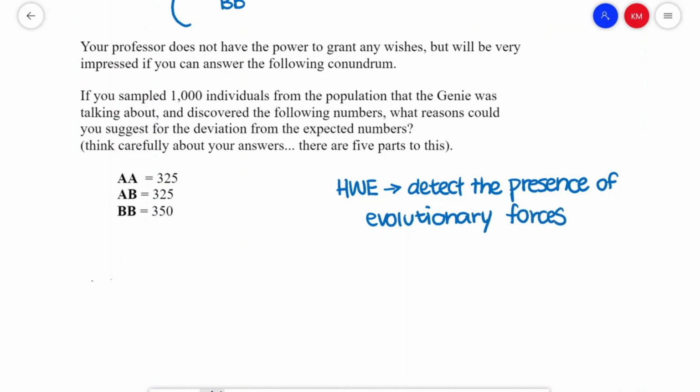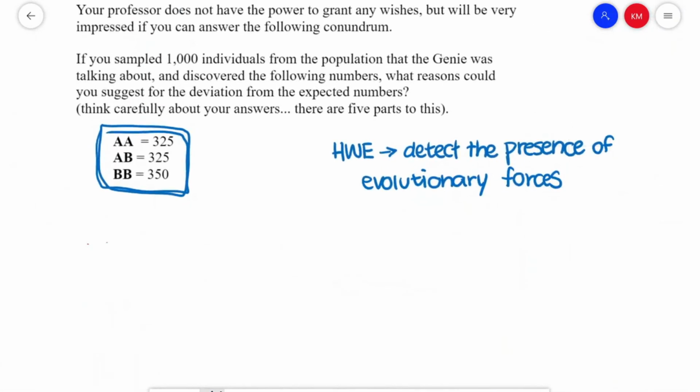Alright, so the problem is saying that these numbers that we found are not the numbers that we expected. So the expected numbers are what we calculated, basically. So anytime the actual outcome is different from your calculation, it means one of those forces of evolution is at play, is happening in that population. At least one of them. It could be multiple, but at least one of them has to be occurring.